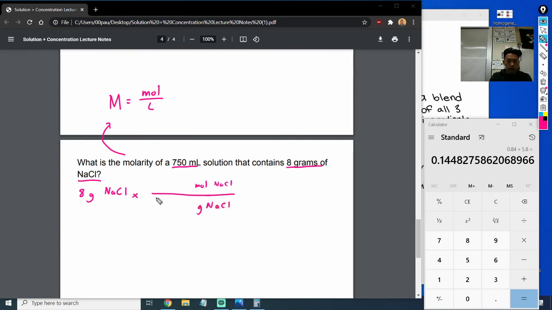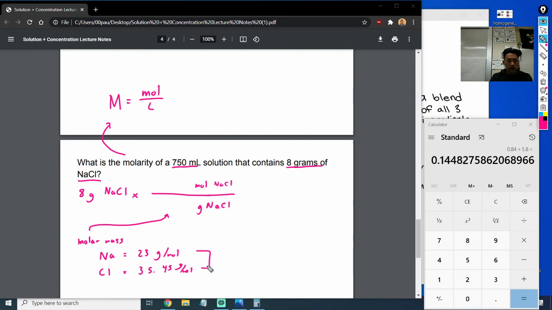That way they can cancel out. Now, if you go on your periodic table, since you have grams and moles, you want to turn this into molar mass. So the molar mass of just Na, if you look on your periodic table, is 23 grams per mole. Chlorine, Cl, is 35.45 grams per mole.